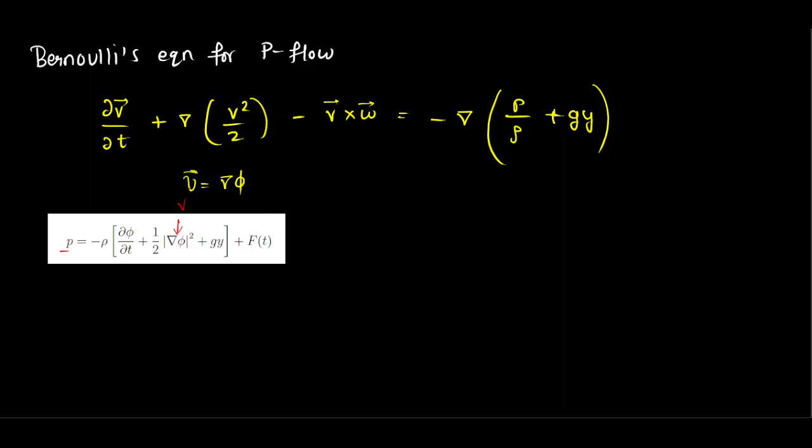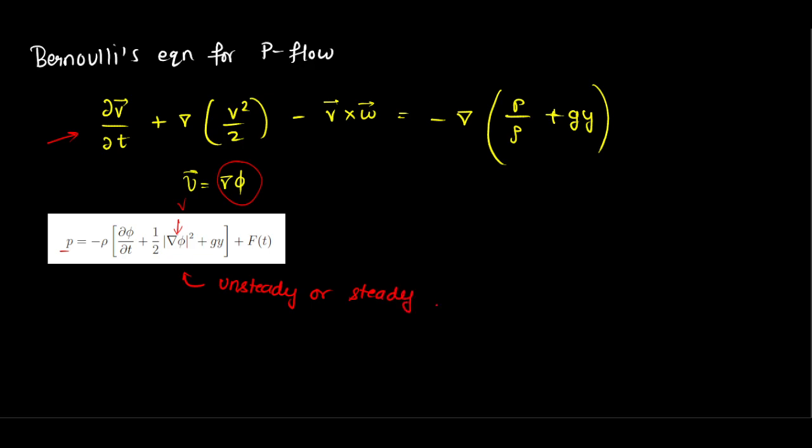So this is what we have got after simplifying. In fact this was Euler's equation; we just substituted v as the gradient of the velocity potential, and we got this, which is known as Bernoulli's equation for unsteady or steady potential flow.